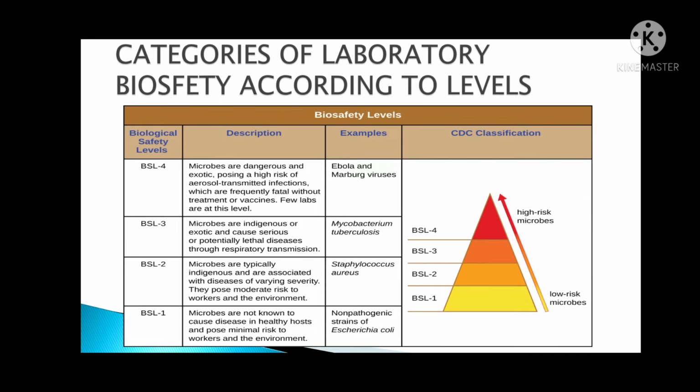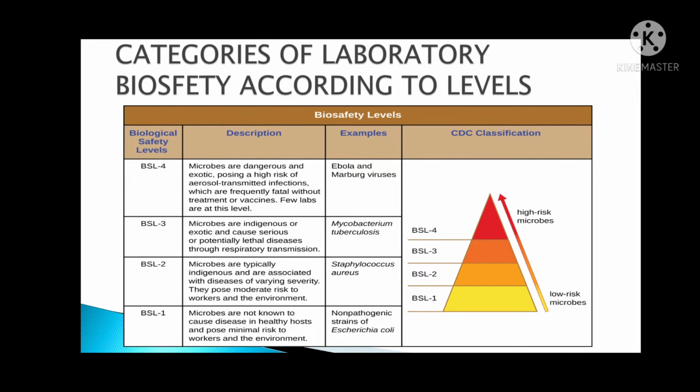When we say Biosafety Level 1, this is suitable for work involving viable microorganisms that are defined and with well-characterized strains known not to cause diseases in humans. Examples of microorganisms being handled in this level are Bacillus subtilis, Naegleria gruberi, infectious canine hepatitis virus, and exempt organisms under the NIH guidelines.